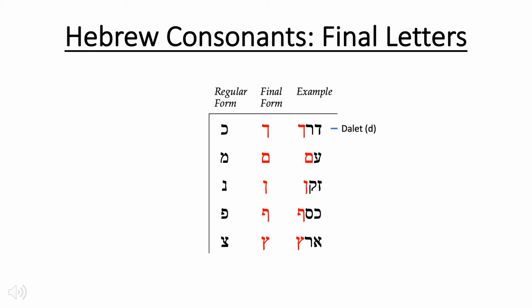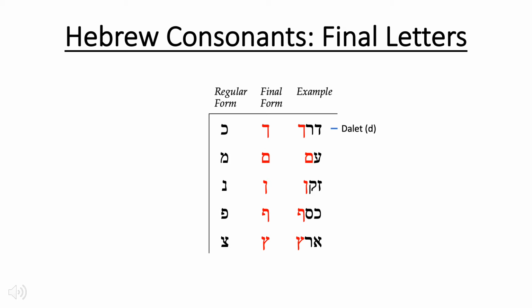You'll notice that of the 5, 4 of them have a line that extends below the normal written line. Thus, Kaf looks an awful lot like Dalet, but you'll notice in the example column, where you see the word Derek, that the Dalet has a shorter line than the final Kaf.